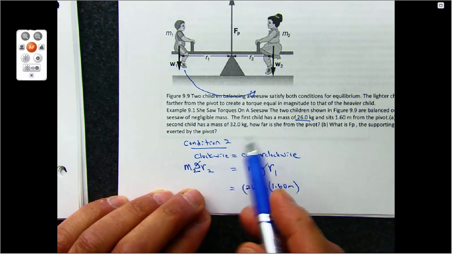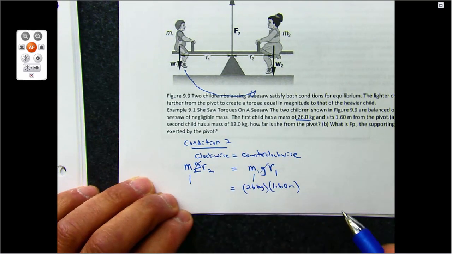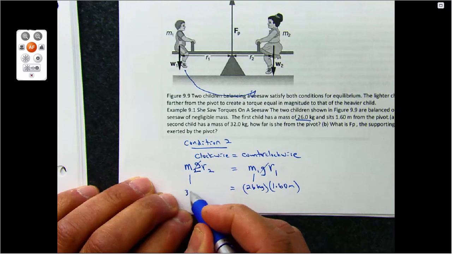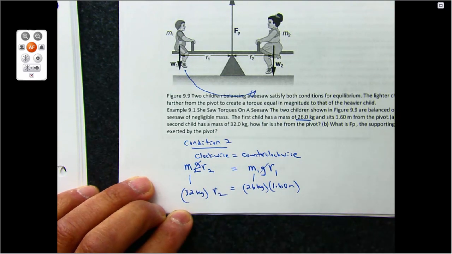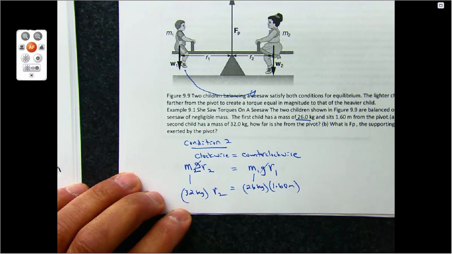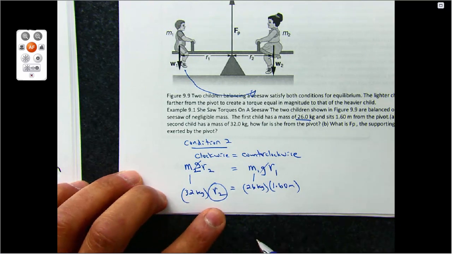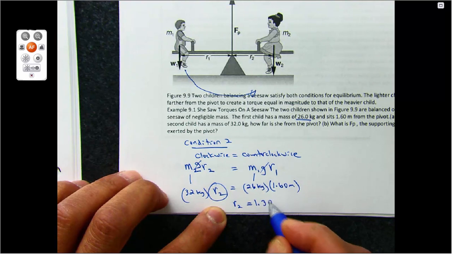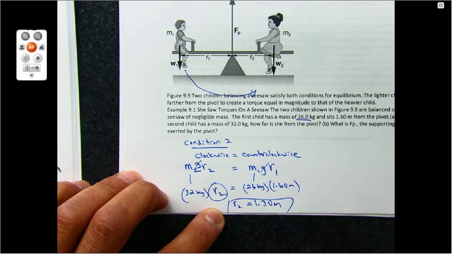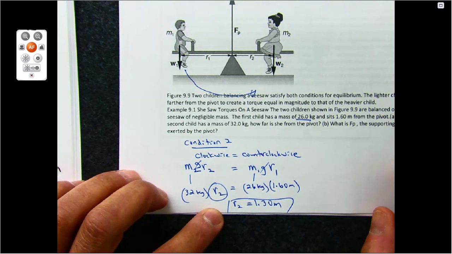The second child has a mass of 32 kilograms. Where would they sit to balance that? What, he's got 1.3 meters?